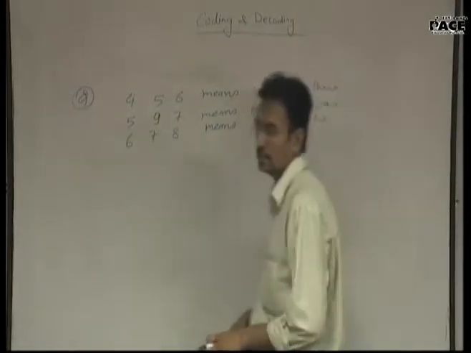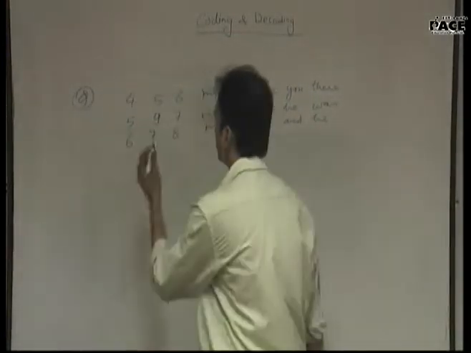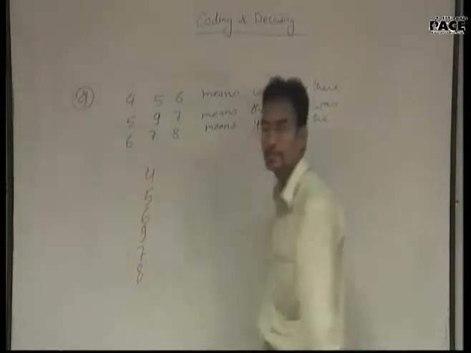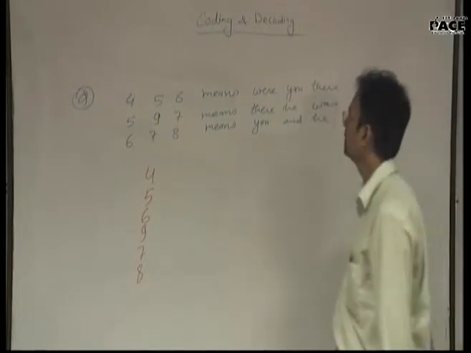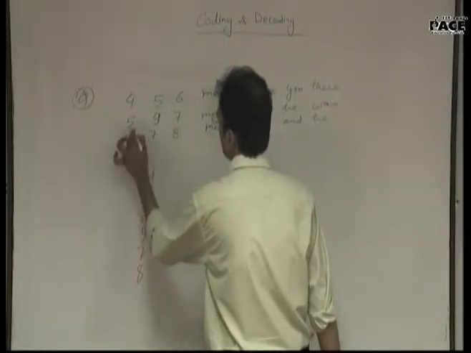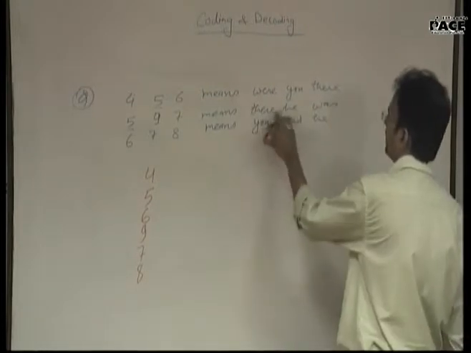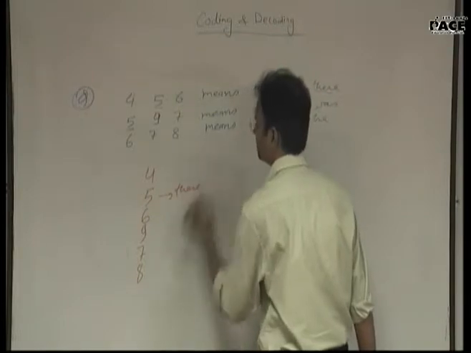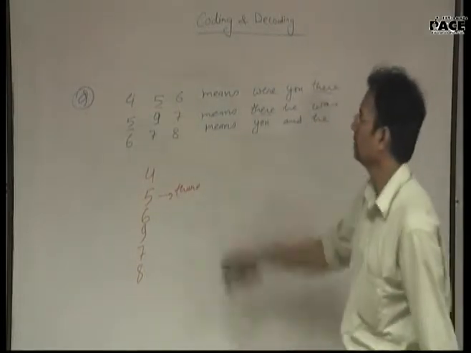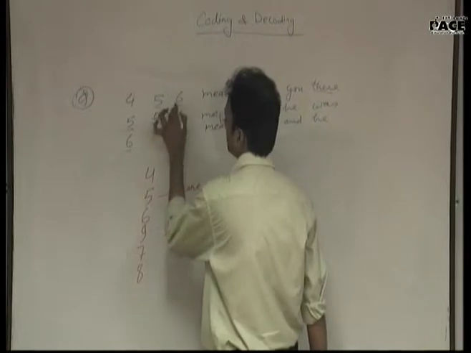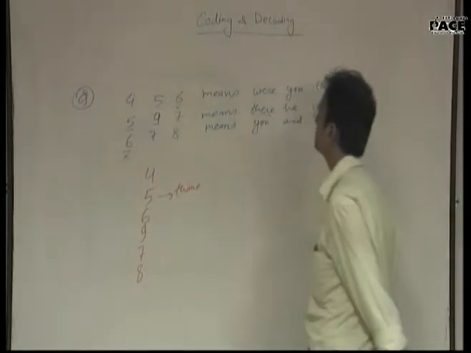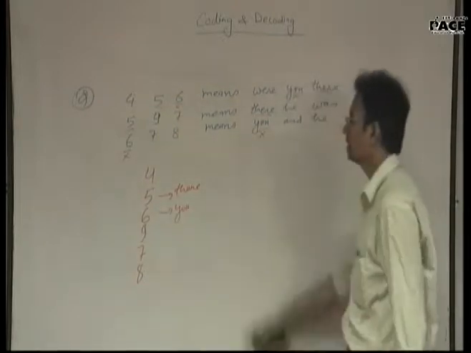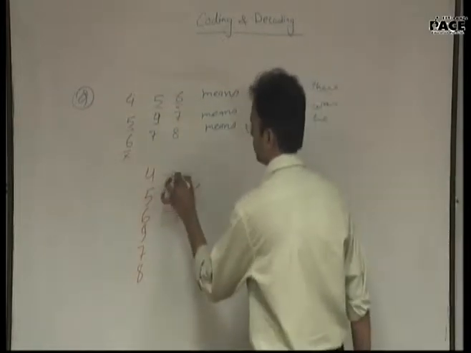Now in this case again, we have to find out the values of 4, 5, 6, 9, 7, 8. Again the same thing. We'll find the value of 5 from here and here. And here we have there. So 5 is there. Now 6 is common here, and we have you as the common term. So what is left is 4.